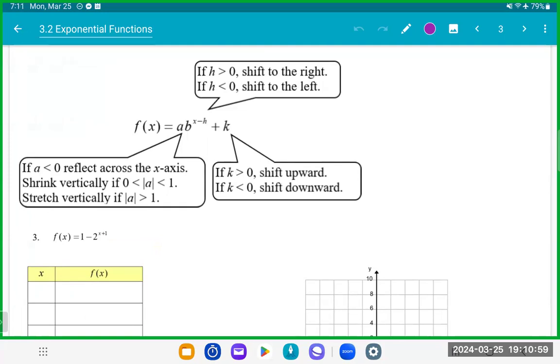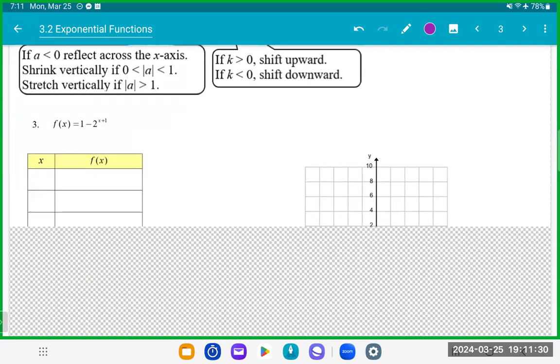So the K out here tells us if we're shifting up or down, and any value associated with the X up in the exponent is going to help tell us if we have a shift to the left or the right. And then this A in front is going to help us with any reflection.